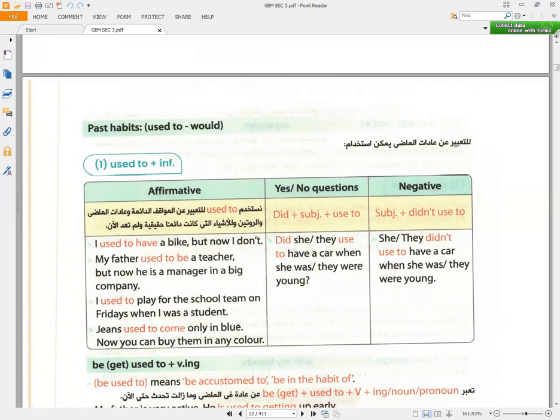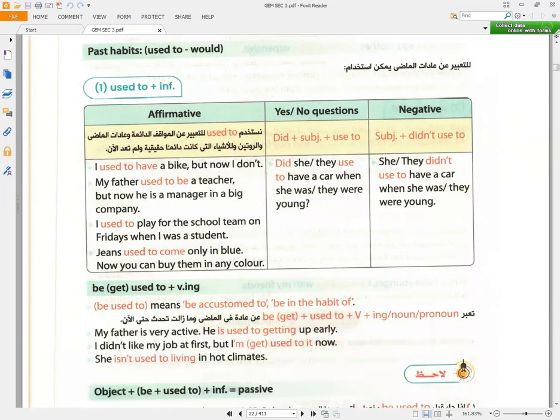And of course, in negative, didn't use to. But if we use verb be, past or present, never mind, doesn't matter, be or get used to, after them we use verb plus ing.